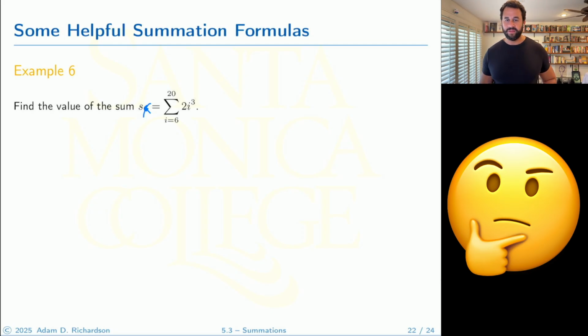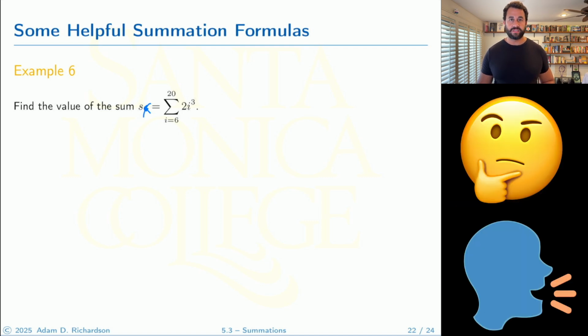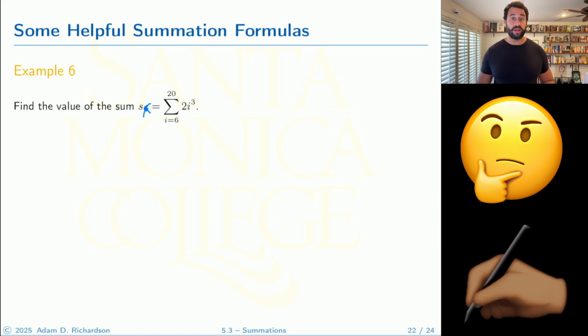I'll mark it out in each one of the slides. Okay, now say something out loud. What is something you notice about the sum that you're being asked to compute? Okay. All right, now work it out. Do that calculation, use those properties of sums, use those helpful sum formulas, and we'll do it together in a moment.